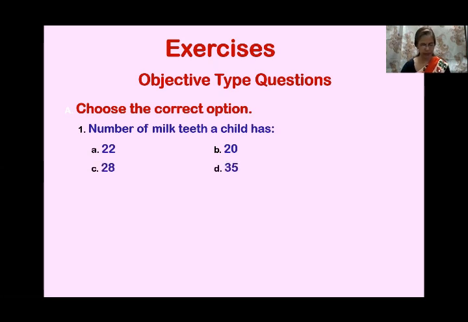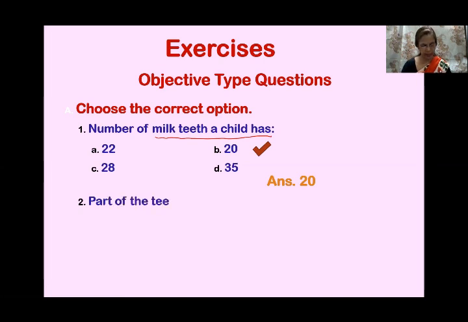Fourth is 35. Now, milk teeth, as you remember, babies have this milk teeth. And what is the number? Do you remember? What is the right answer? It is 20.